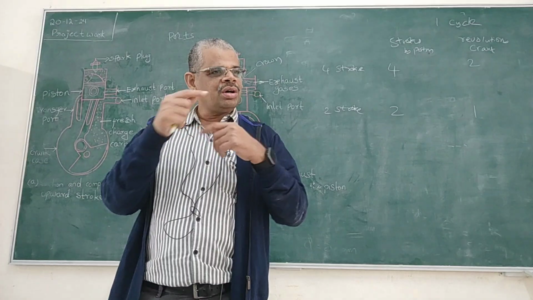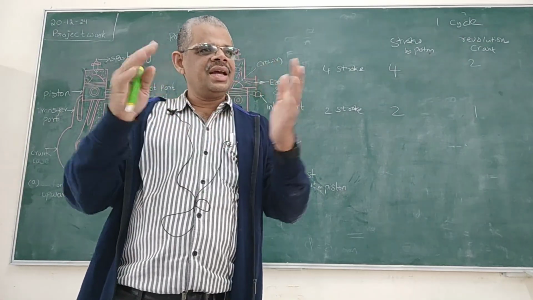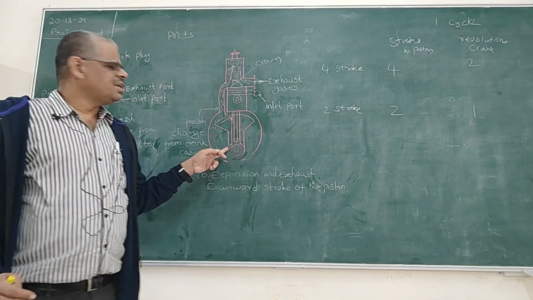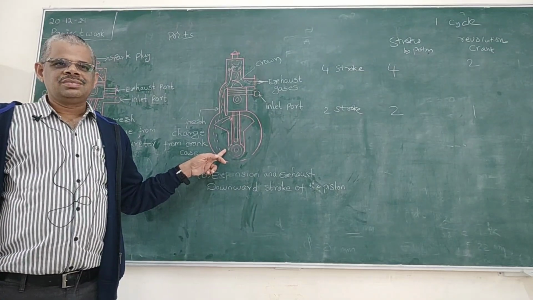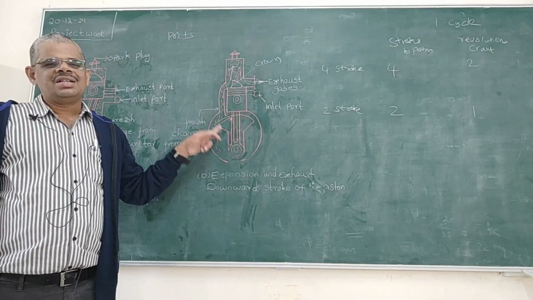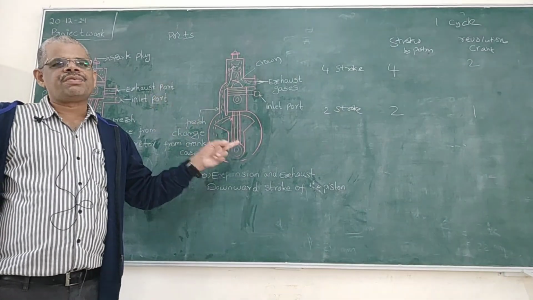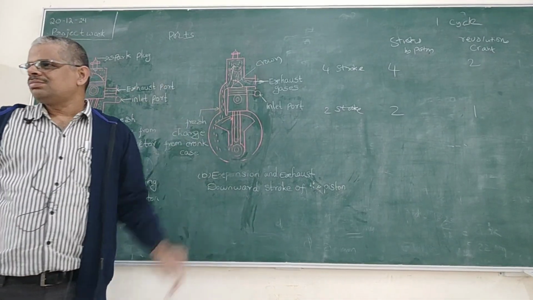That means both lubricating oil and the petrol are mixed in the fuel tank itself, then it is sent into the cylinder. So here the fuel which is entering into the cylinder is a mixture of our fuel plus lubricating oil and air also.